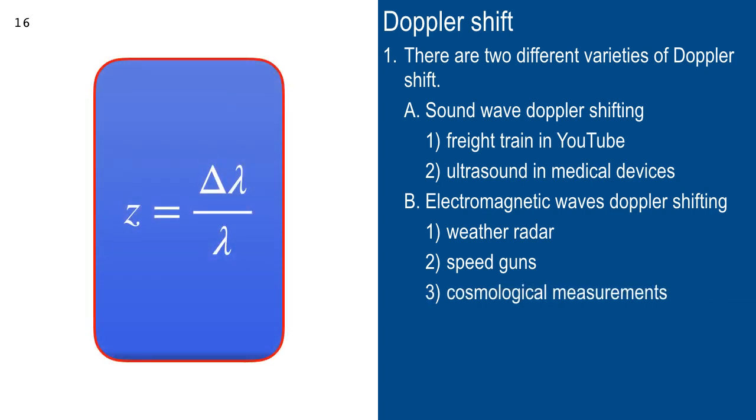Now, this is one that is extremely important for those of us that study the early universe, the age of the universe, the expanding universe, as the saying goes. What we found is that the further a galaxy is away from us, the bigger the redshift in, for instance, its H alpha line. Some of them are actually shifted down into the infrared.